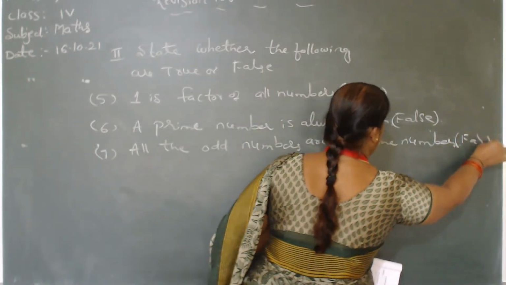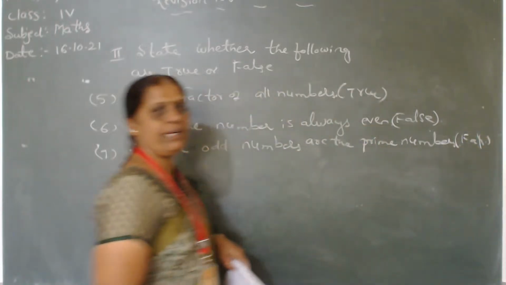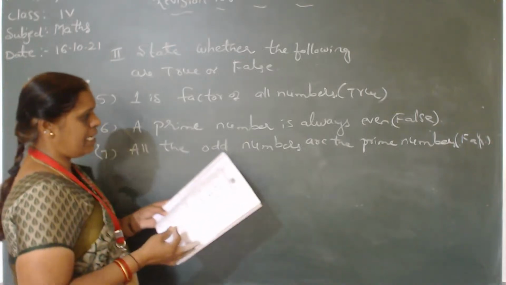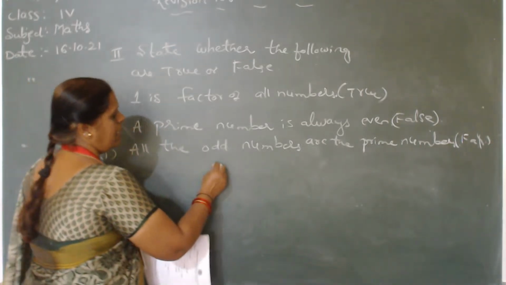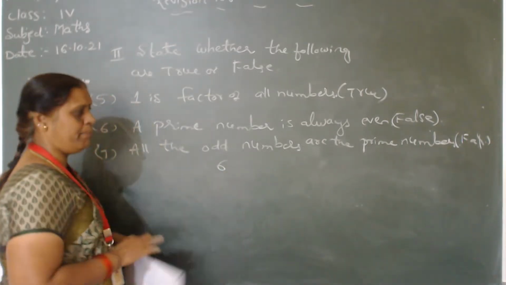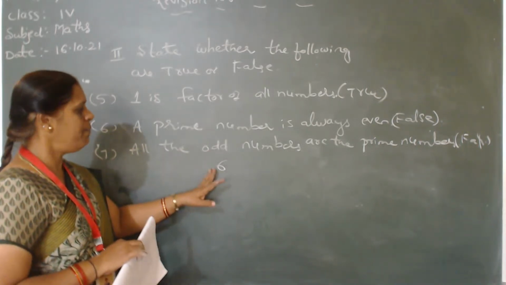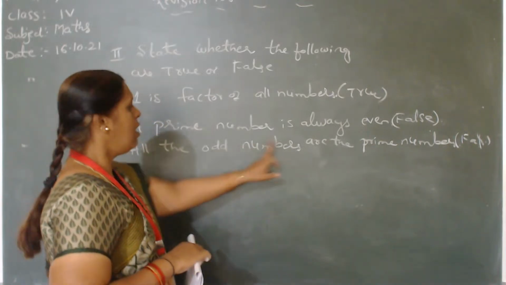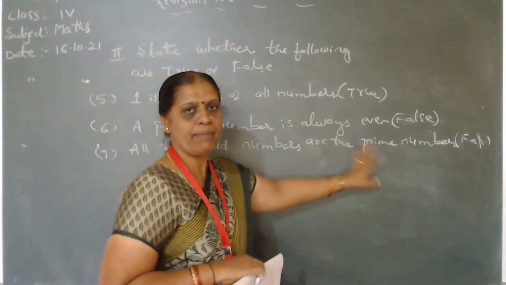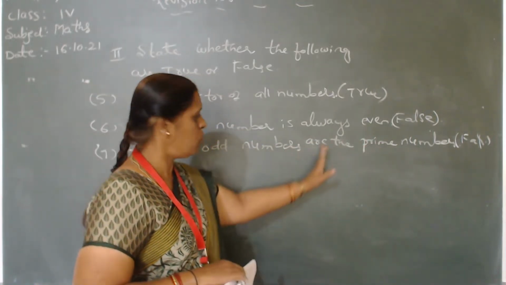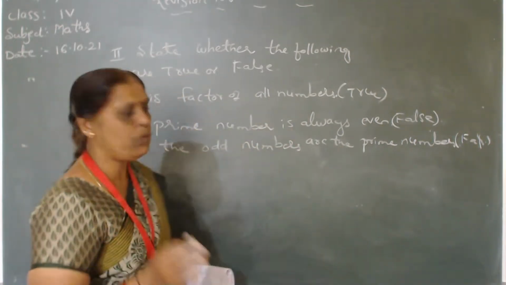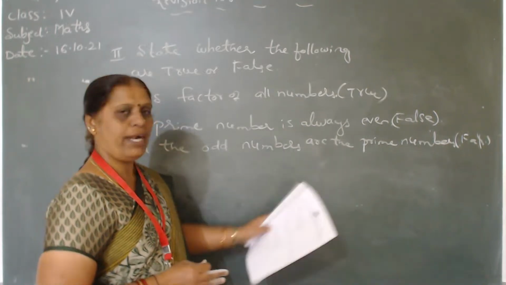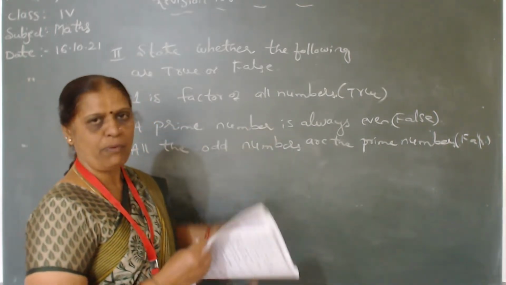Here also we get odd and even numbers. We cannot say all odd numbers are prime numbers, and prime numbers are not all odd. Both kinds we will get. Tomorrow I will give all the prime numbers from 1 to 50. In that we will get both odd and even numbers, and we will check.